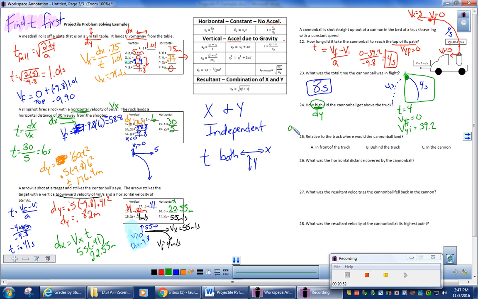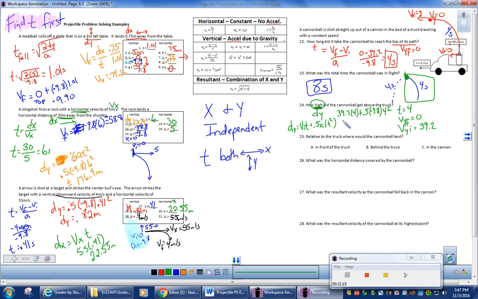So my equation will be my y distance is the initial velocity times time plus 1/2 times gravity times my time squared. So 39.2 times 4 plus half times my negative 9.8 times 4 squared. You can do that all at once, or you can type it in piece by piece, your choice.